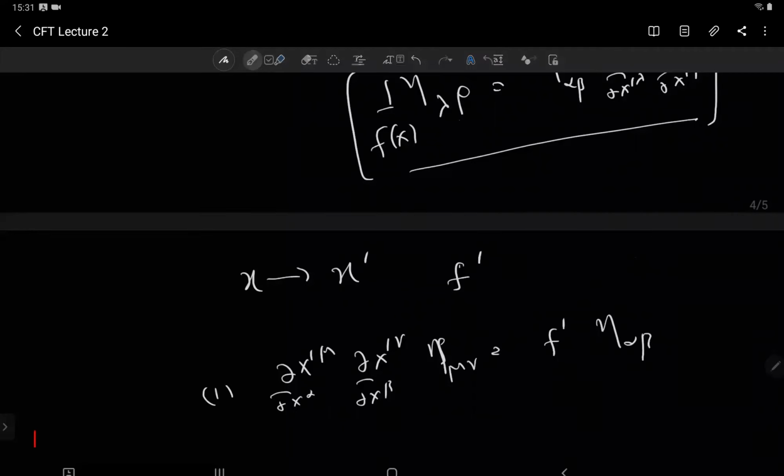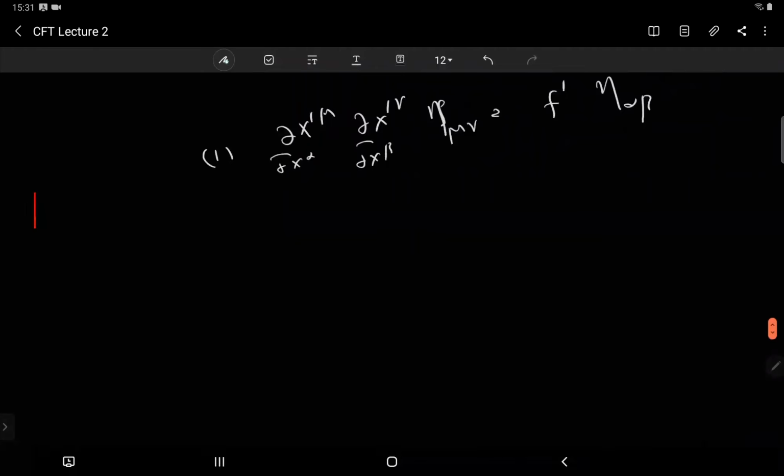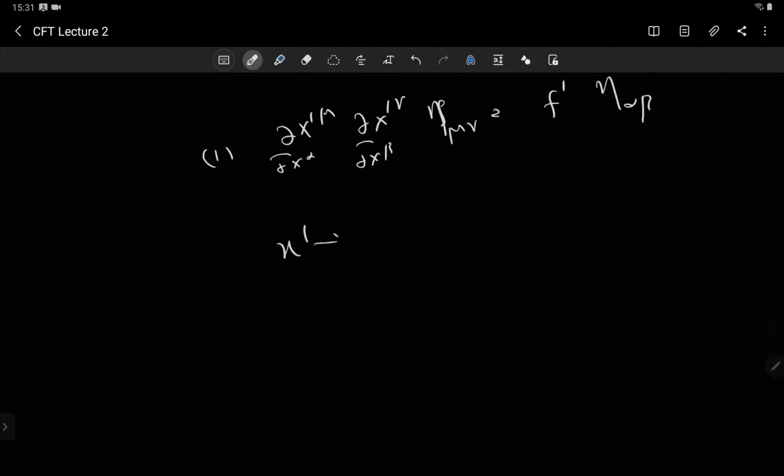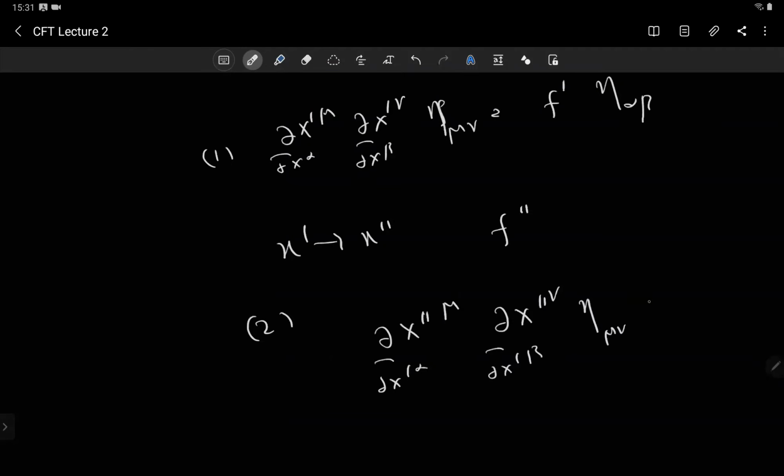Now let's say you do another transformation from x prime to x double prime, and the corresponding factor is f double prime. Then you get del x double prime mu del x prime alpha del x double prime nu del x prime beta eta mu nu is equal to f double prime, a function of x prime now, times eta alpha beta.